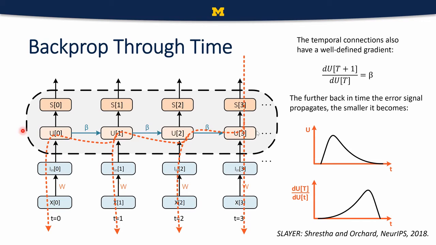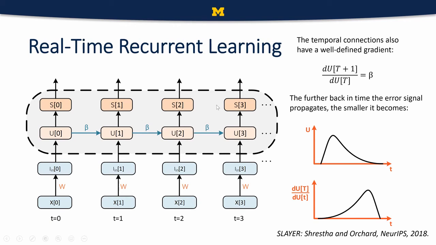As you move back in time, you see that alpha function in reverse, where a spike at a very early time is going to have a very small effect on a present time spike. In fact, if you hit the maximum point where, I don't know, perhaps t equals 2 is the max of your alpha function, that's where your gradient is really going to contribute towards your weight update. So that's a simple implementation of backprop through time.